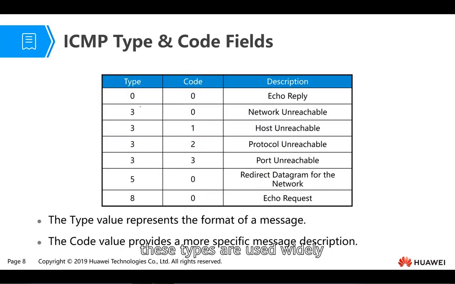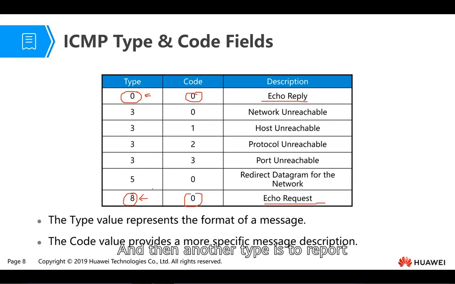These types are used widely. First, echo reply and echo request. The code is always 0, because echo reply and echo request do not need a code. The types are 0 and 8.